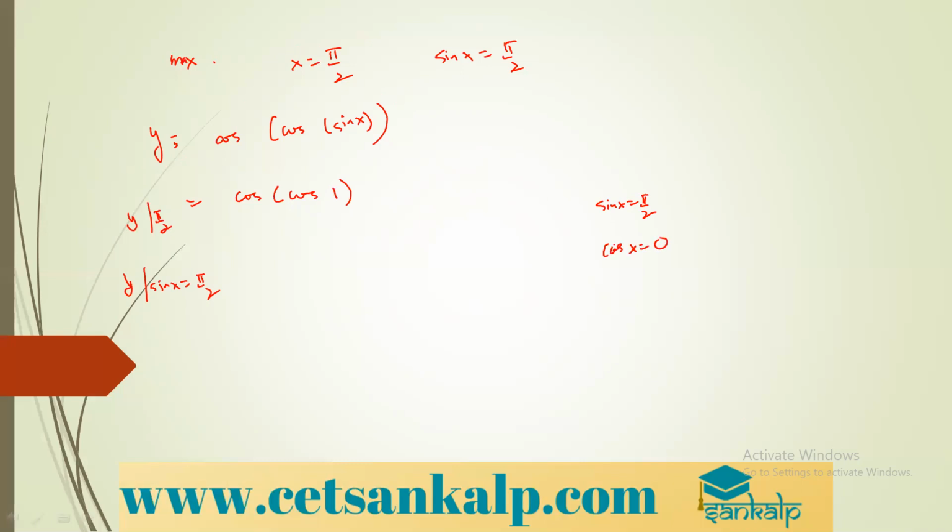Cosine x is 0. So cos of cos 1, both ways. And this we have in the option.